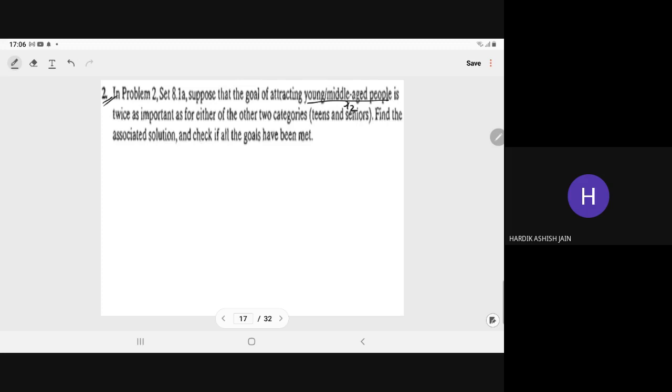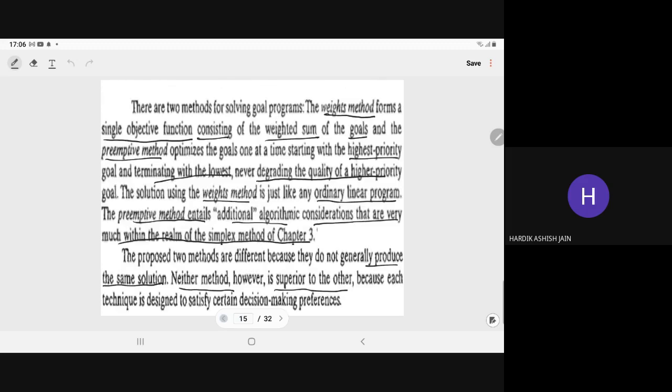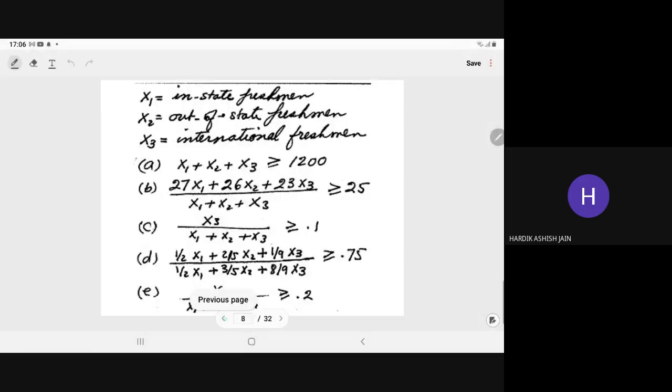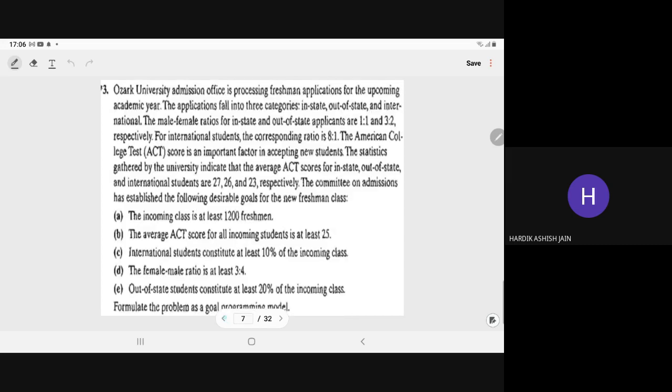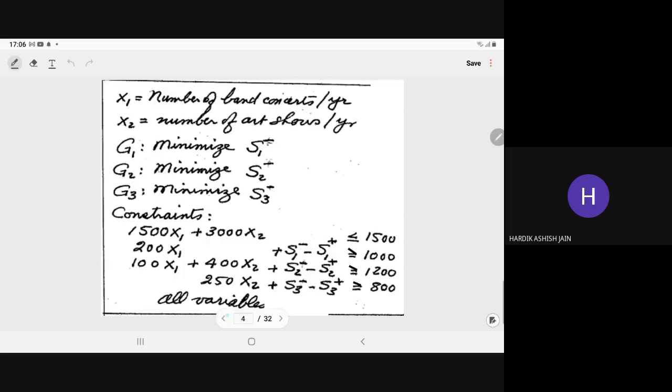Find the associated solution and check whether all the goals have been met or not. So in this case, they have said that this goal has w2 twice that of these two goals.